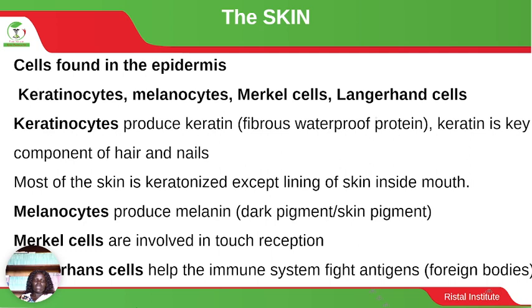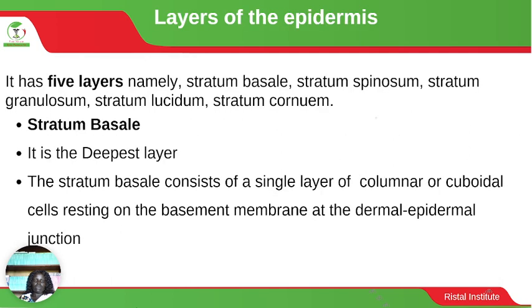Then melanocytes produce melanin, that is the dark pigment, or the skin pigment. So for instance, people of color have a lot of melanin, and this gives us the dark color of the skin. Then the Merkel cells are involved in touch reception. Langerhans cells help the immune system fight antigens or foreign bodies.